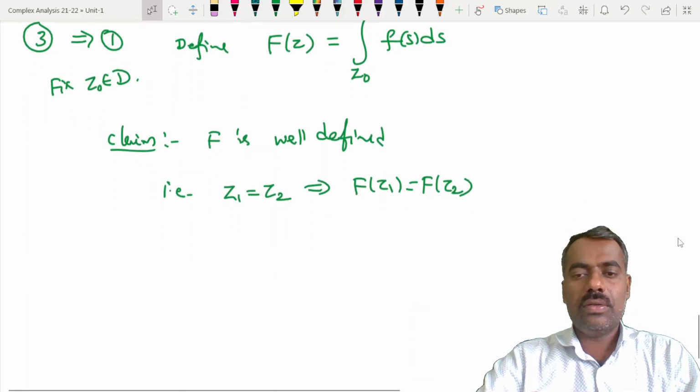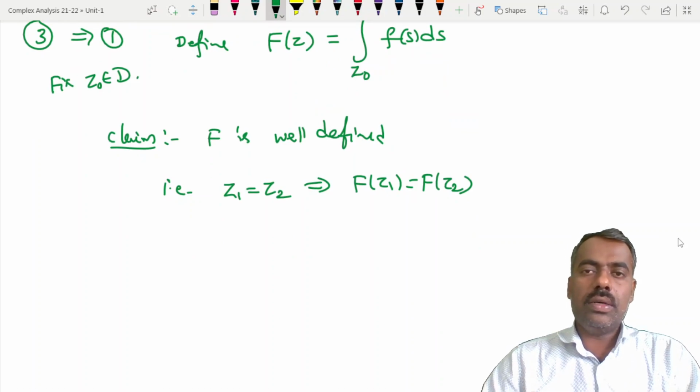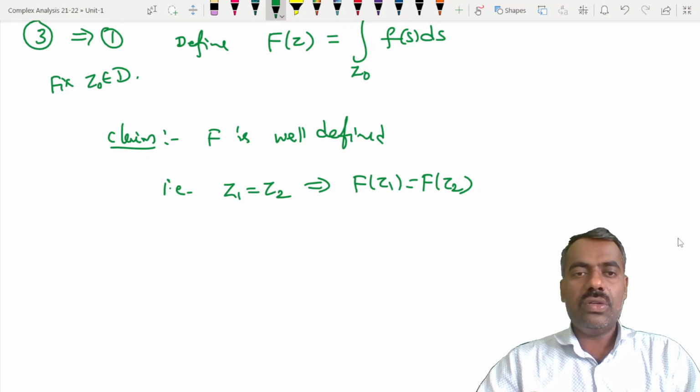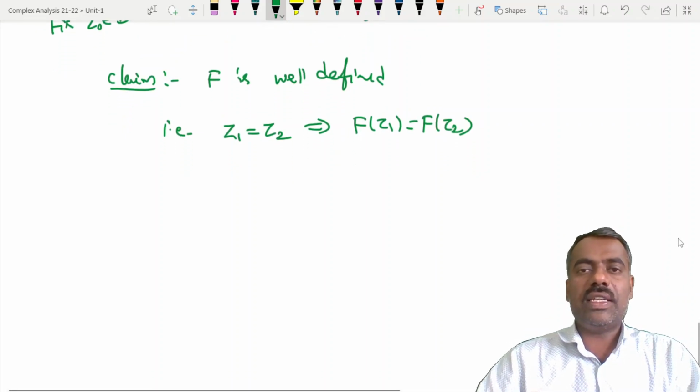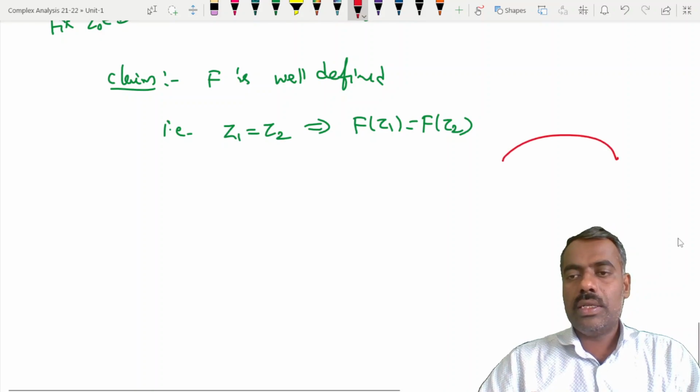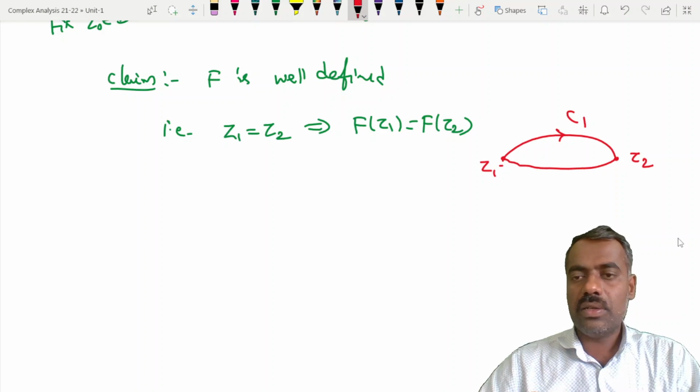So here, let C1 and C2 be two curves: one starting from Z1 to Z2, another one from Z2 to Z2.